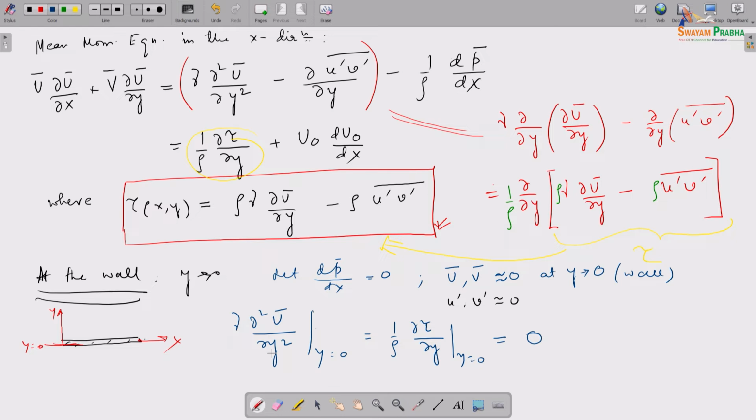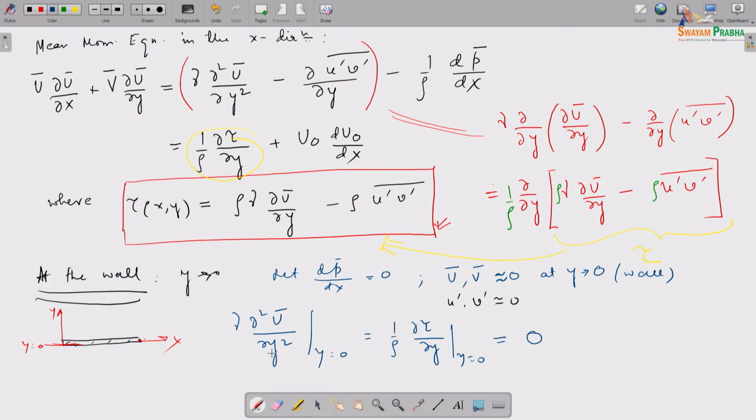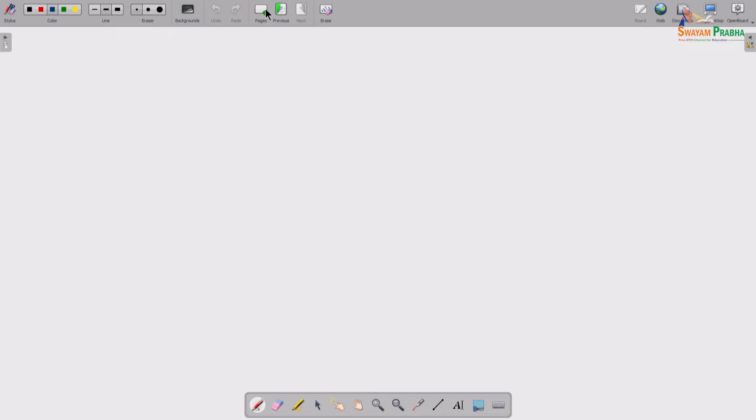If at the wall this is equal to 0, then we've proven earlier that dp dx is equal to d dx of, this is the wall pressure.